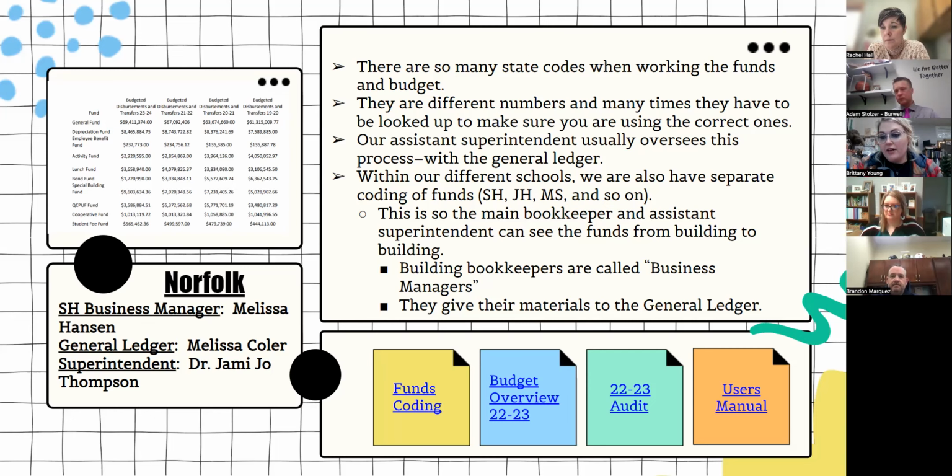I think they have a part-time person that's the secretary and the business manager, they all put stuff together and then it goes to the general ledger. And when I was in Kearney, which is similar-ish size to Norfolk, our secretary did most of the bookkeeping for the elementary.